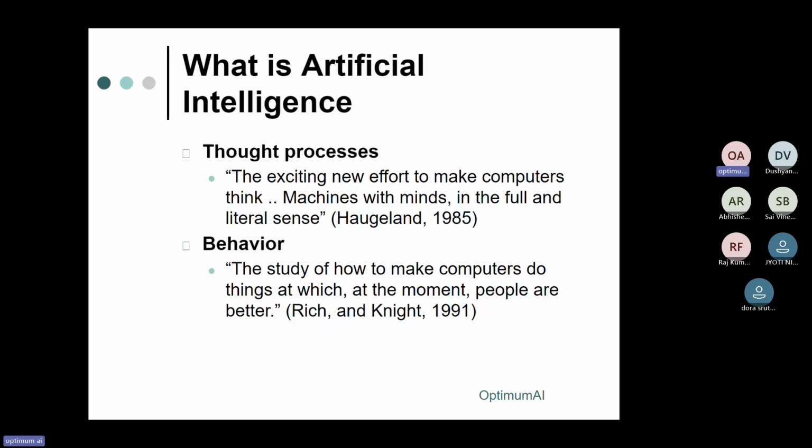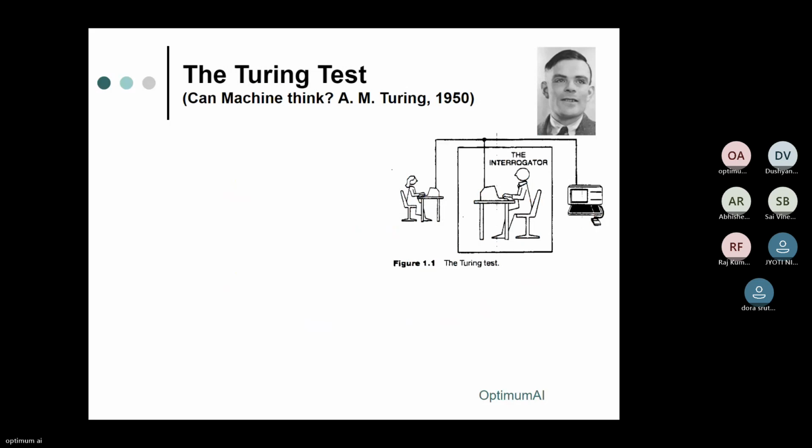Behavior takes the environment into consideration. You behave differently at home, at office, and outside with friends. So it is the study of how to make computers do things at which, at the moment, people are better. Similarly, how can you build an intelligent system to behave like a human.